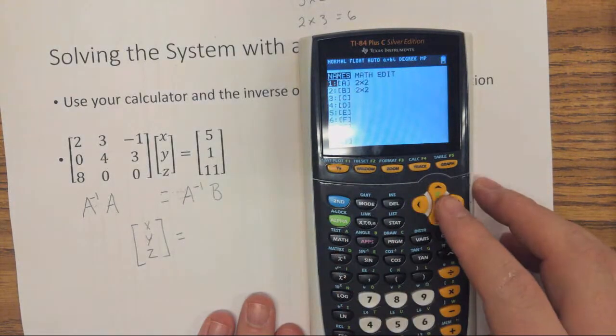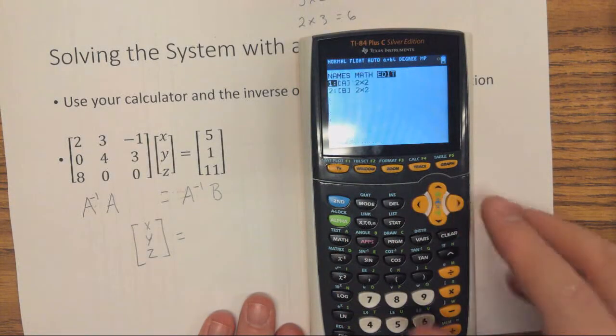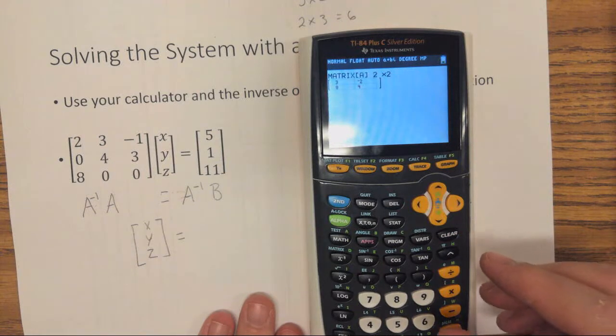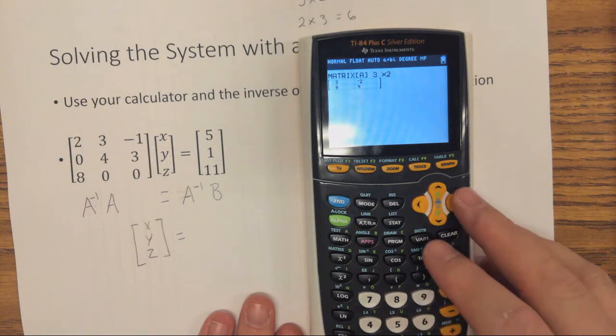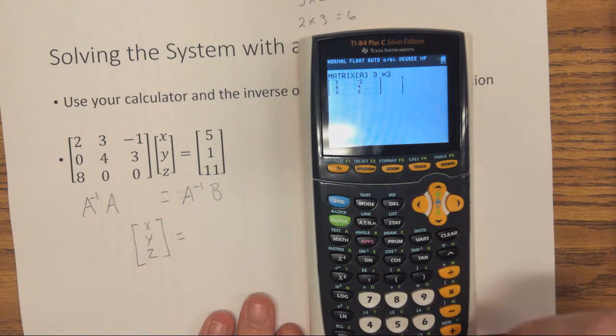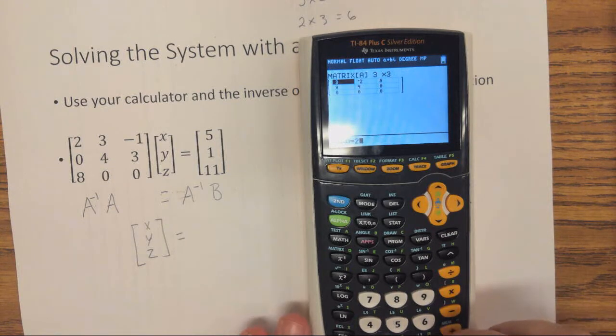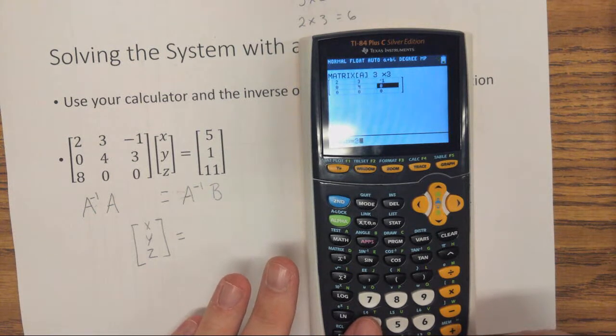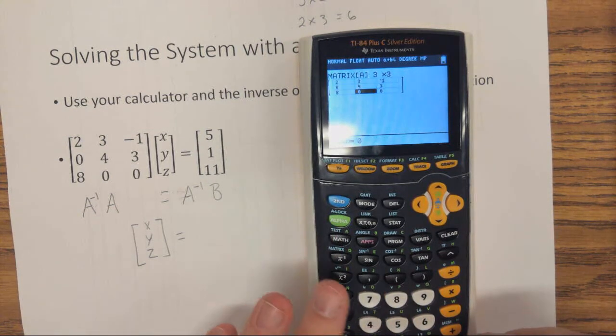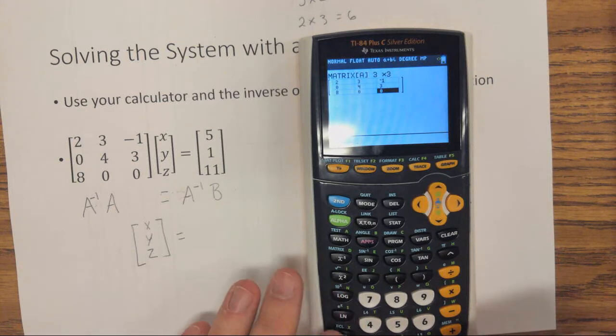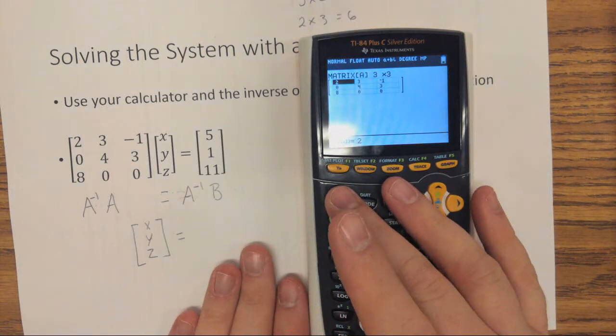I'm going to enter this in, go over to edit. We should be getting pretty good at this by now. This is a 3 by 3 matrix, and this is 2, 3, negative 1, 0, 4, 3, 8, 0, 0. Okay, so there's that one.